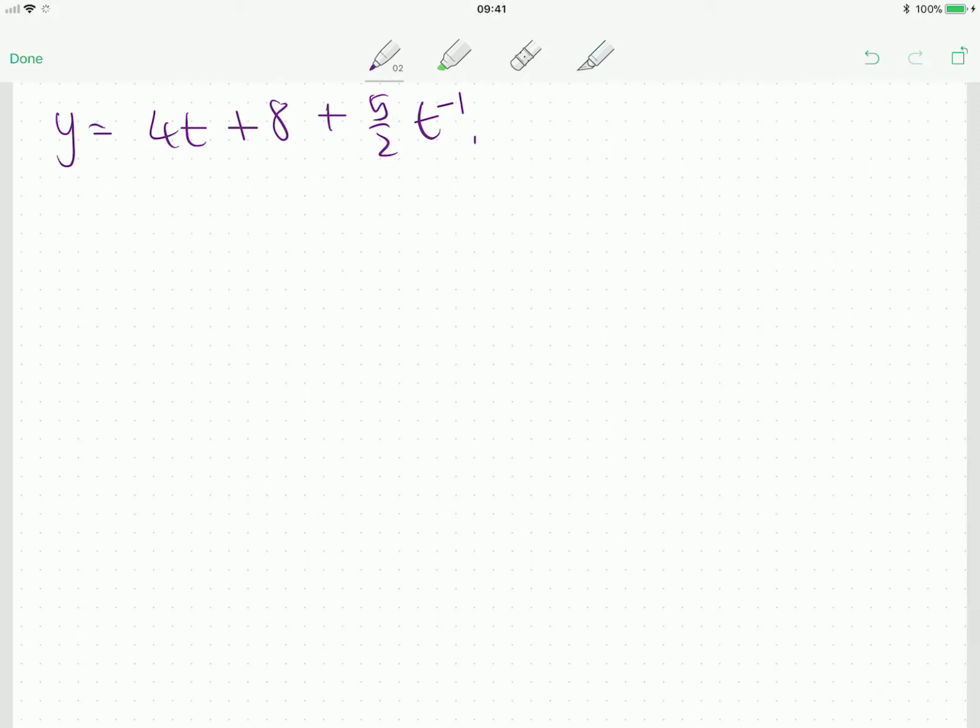Well, if we look at the other piece of information, which is 4t plus 3 is the same as x, we could write t in terms of x. t is x take away 3, divided by 4.